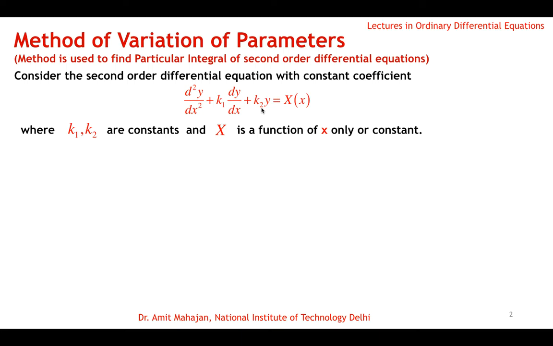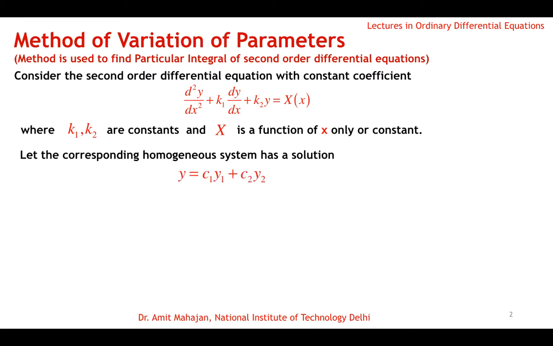Now we know how to calculate the complementary function of this differential equation. For that you can write the characteristic equation and find the roots. There will be two roots, either two real or equal, or a complex pair. Based on that you can write the complementary function, which is the solution of the homogeneous system.